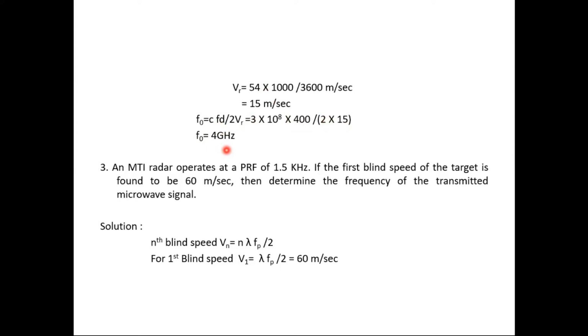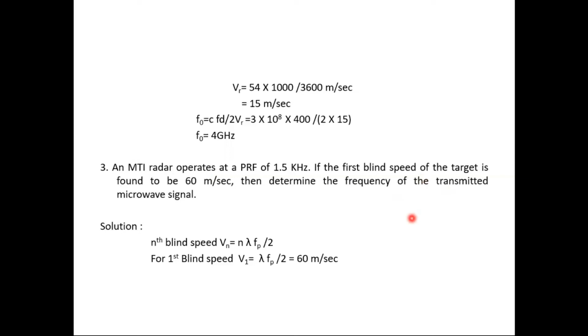Next, the third one. An MTI radar operates at a pulse repetition frequency of 1.5 kilohertz. If the first blind speed of a target is found to be 60 meter per second, determine the frequency of the transmitted microwave signal. Once again, we have to determine the transmitted frequency f, which is C by lambda.